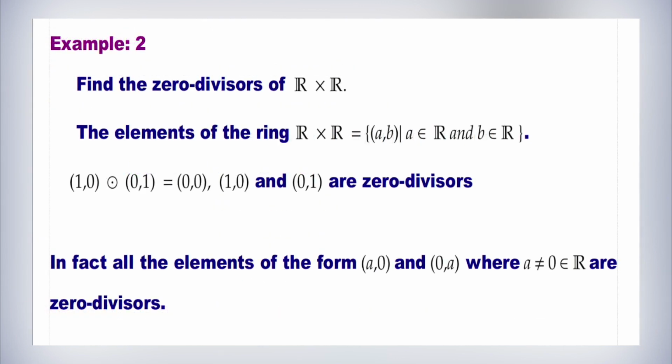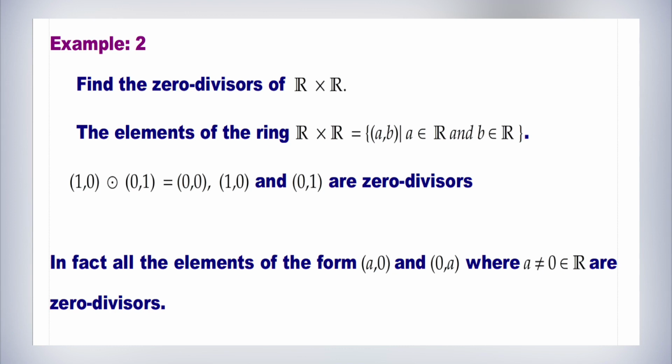The second example is to find the zero divisors of R × R. The elements of the ring R × R are the set of all ordered pairs (a, b) such that a in R and b in R. The ordered pair (1, 0) ⊙ (0, 1) equals (0, 0). The ordered pairs (1, 0) and (0, 1) are zero divisors.